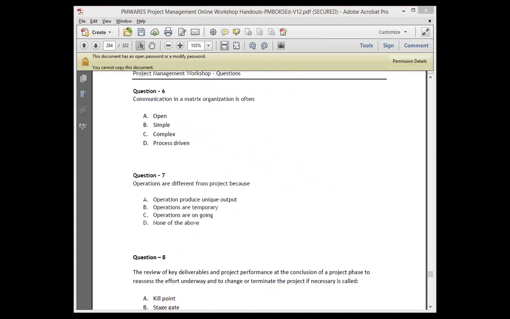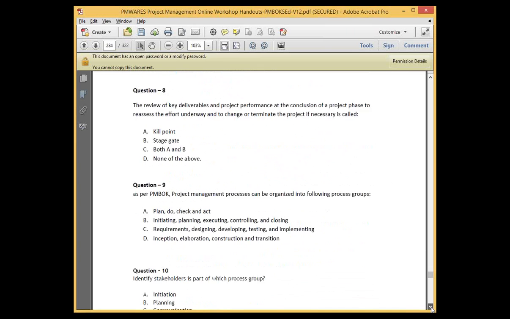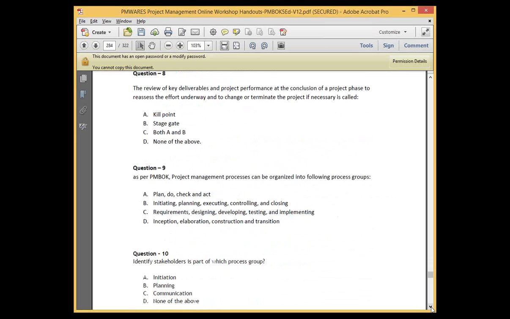Operations are ongoing, right? What about question number 8? Question number 8 is not fully visible. C, right? All C? Good. What about 9?